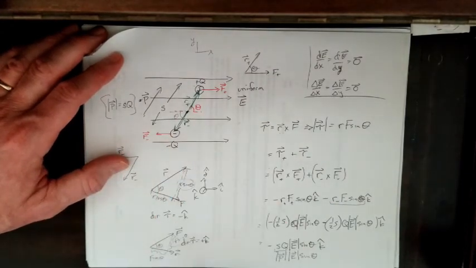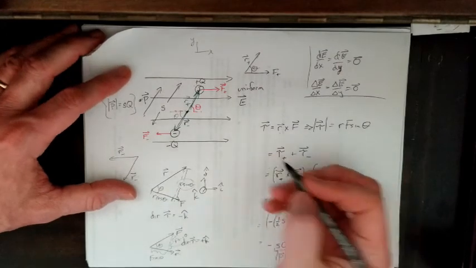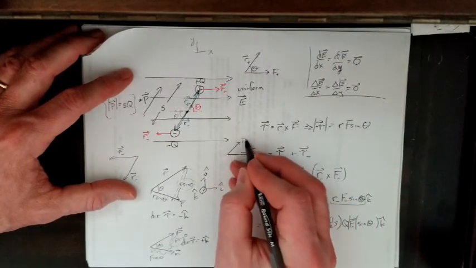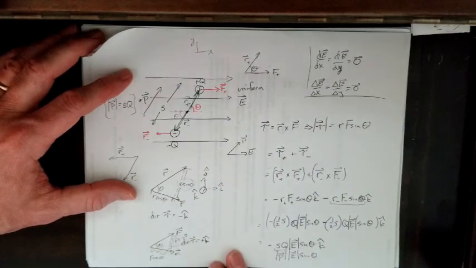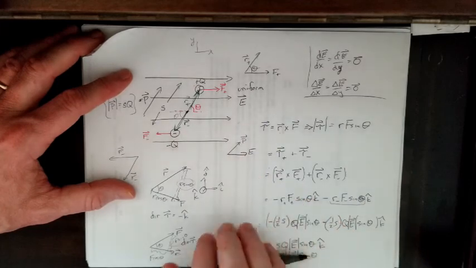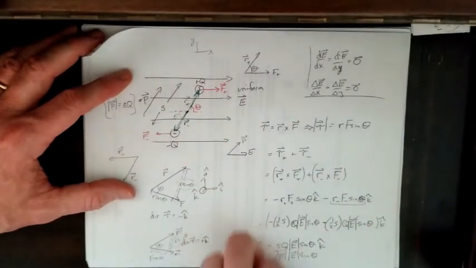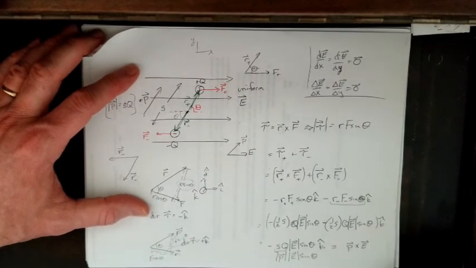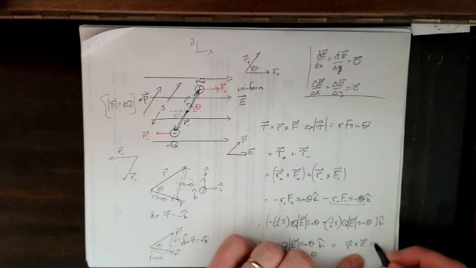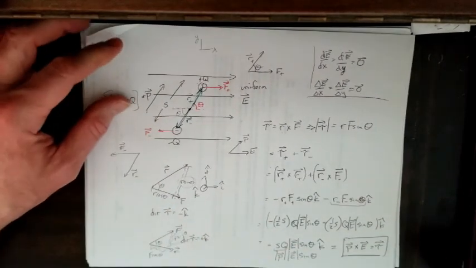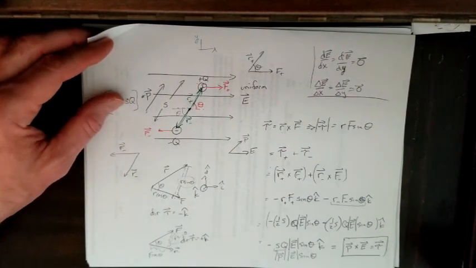So if my electric field is to the right, and P is that way, which cross product is going to give me one in the negative k direction? Well, negative k direction is down, so it'd have to be P cross E. And so this becomes P cross E. And that is the formula for torque acting on a dipole in an electric field.